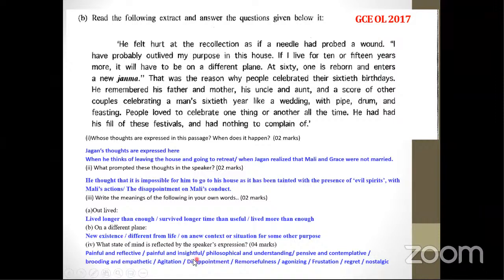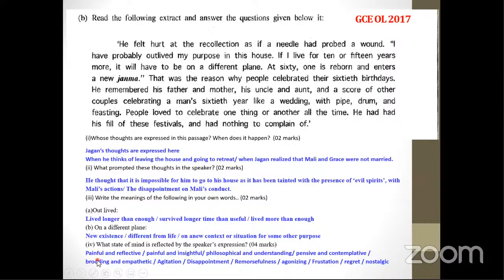By this time, Jagan has changed into a different character. He was narrow-minded at the beginning, but we see different thoughts flying into his moods. Philosophical and understanding, pensive and contemplative, brooding and empathetic, agitation, disappointment, remorsefulness, agonizing, frustration, regret.